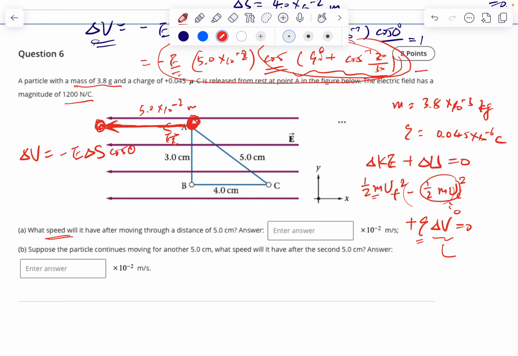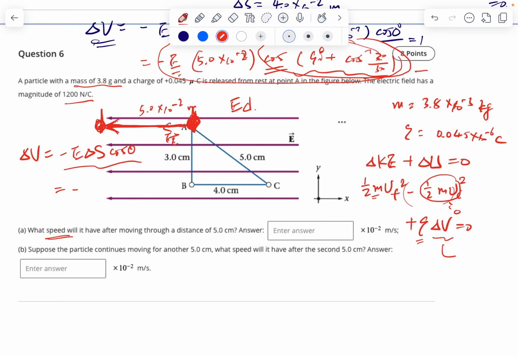But now we know that along the electric field line the potential decreases, so the potential here is higher than the potential there by E times the separation.